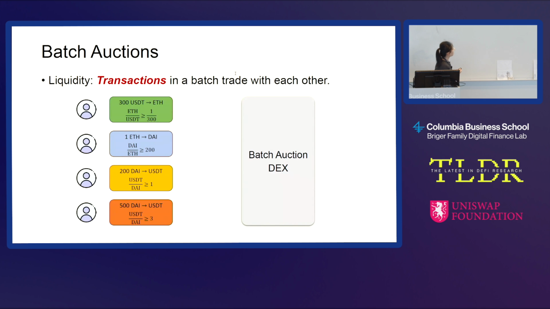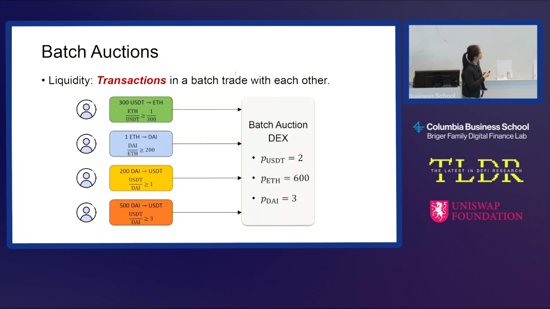These transactions are not limited to just two tokens. They can involve many types of tokens like USDT, Ether, DAI, and many others. After grouping these transactions in the batch, the mediator will send them to a batch auction DEX. Based on this transaction information, the DEX will calculate a price for each involved token.